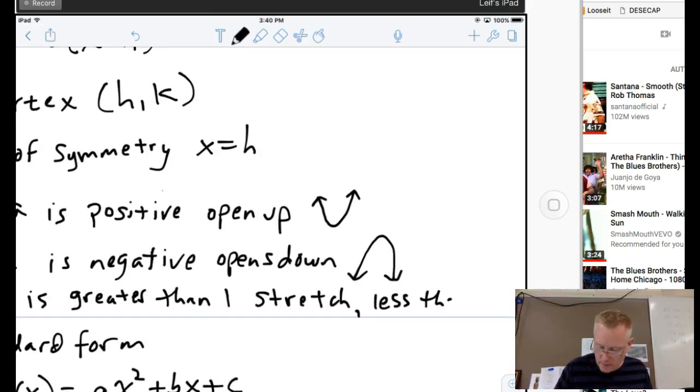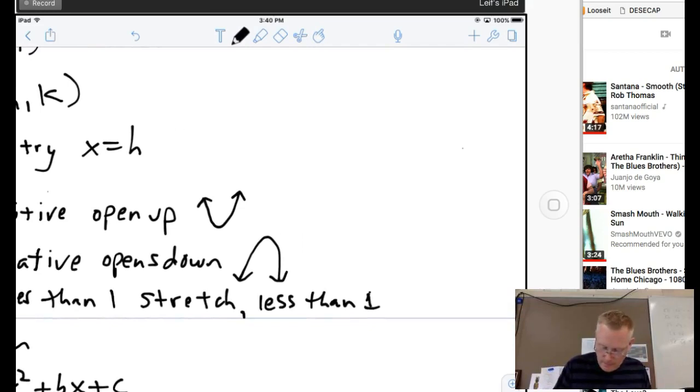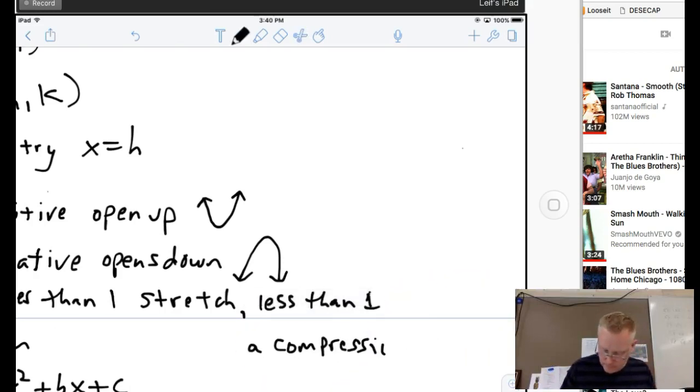Less than 1, a compression. Ran out of space, so I'm going to rewrite that. It's not just that it's less than 1, it's really between 0 and 1.